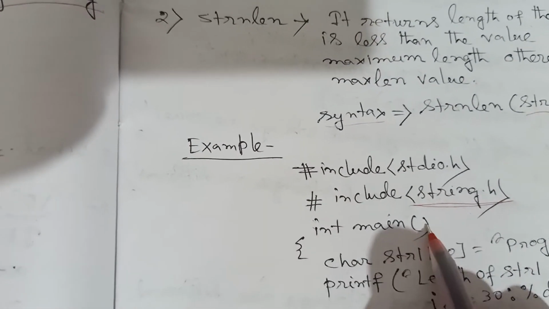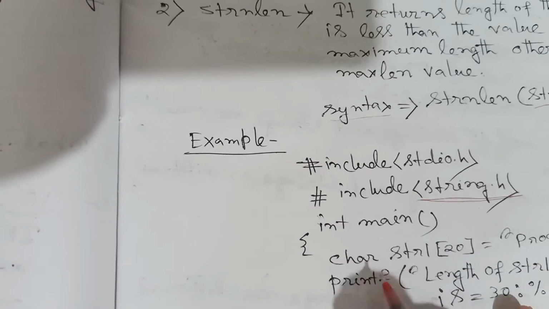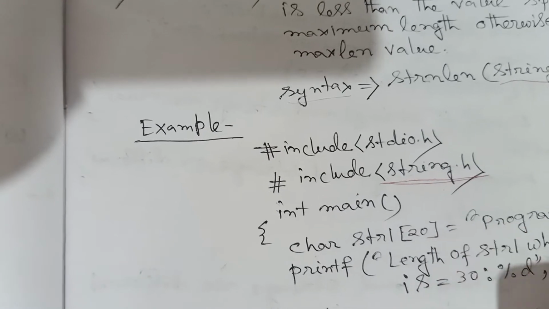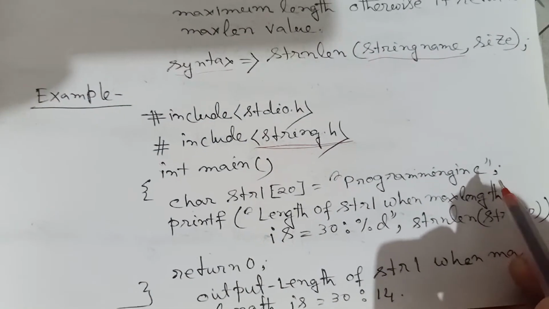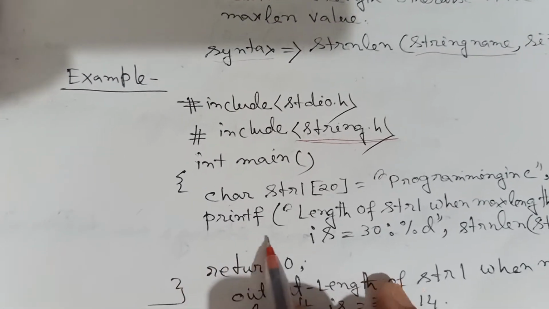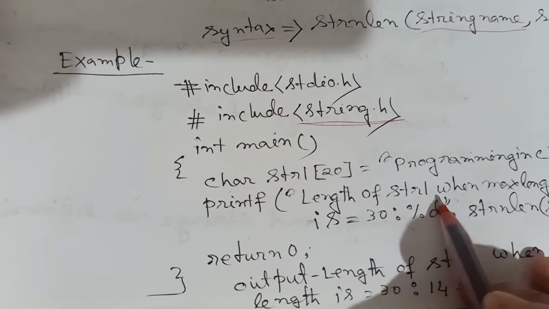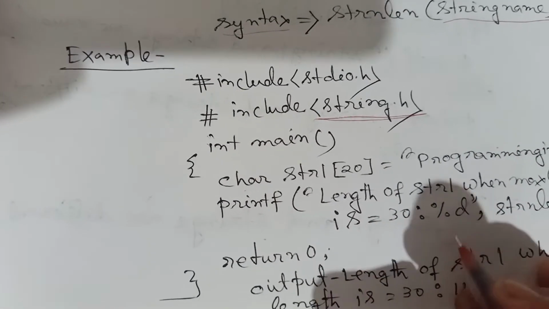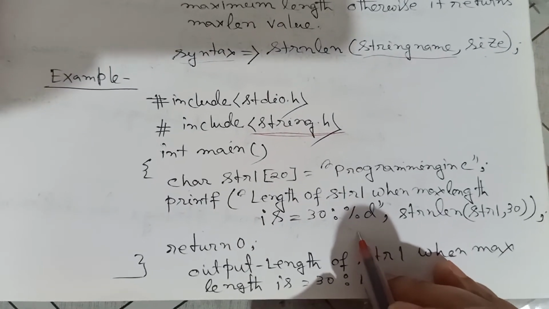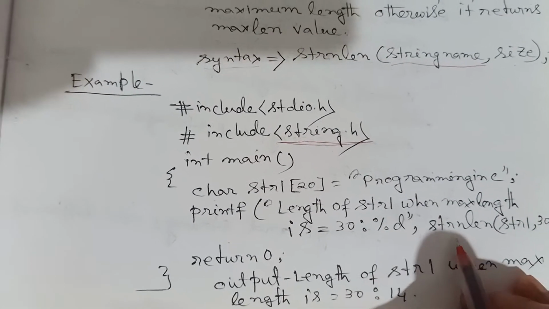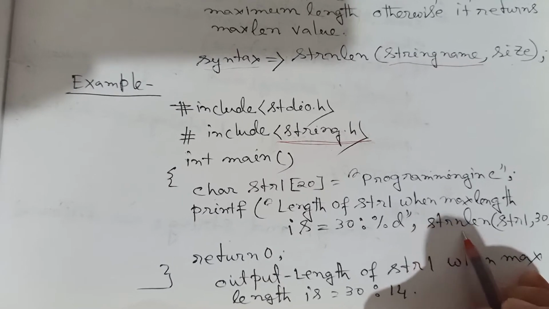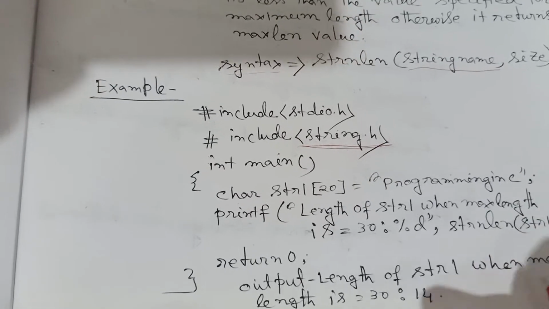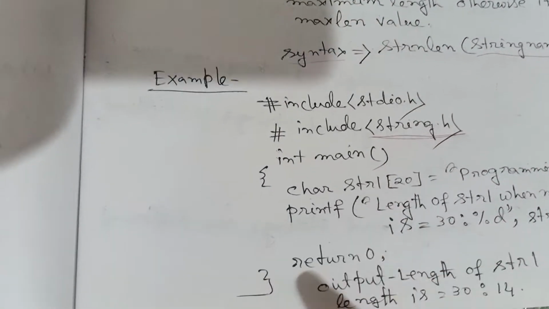Then start the main function, and we declare here char str1 with size equal to, within double quotation, write the string. Then printf "length of the str1 when max length is equal to 30", then give the %d format specifier, comma, strnlen within bracket str1 then comma 30, and printf is closed, then return 0.